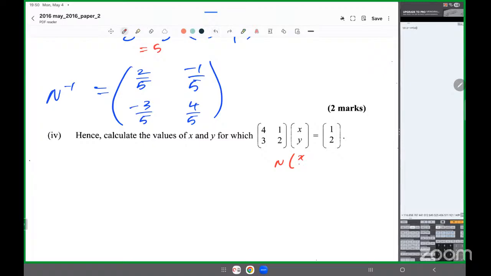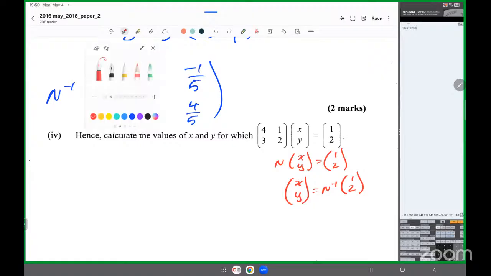N times xy equals 1, 2. And therefore, if you want to find the xy, you're going to put the inverse in front of that. So the xy is going to become equal to n to the minus 1 times 1, 2.